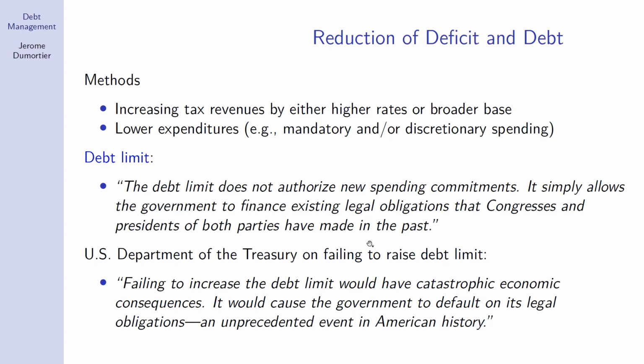In recent years, the ceiling has been increased continuously, and the fear is that if you fail to increase the debt limit, it would have catastrophic economic consequences. Those are the words of the US Department of Treasury, because it would basically cause the US government to default on its obligation to pay the debt.